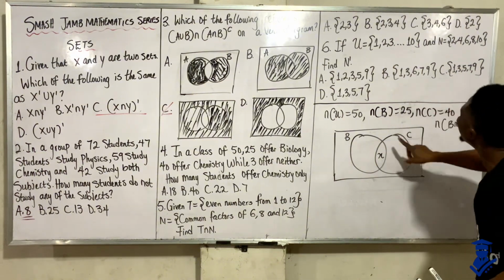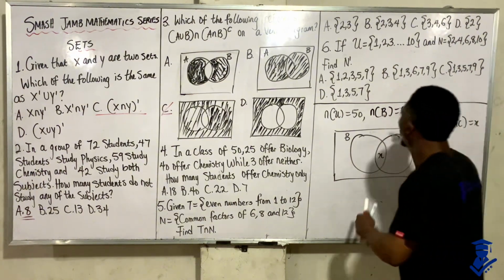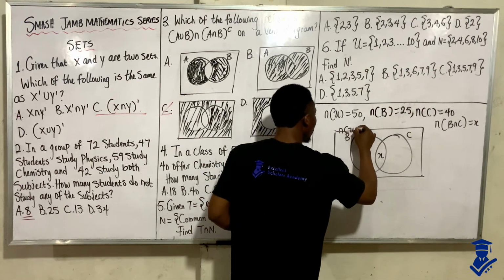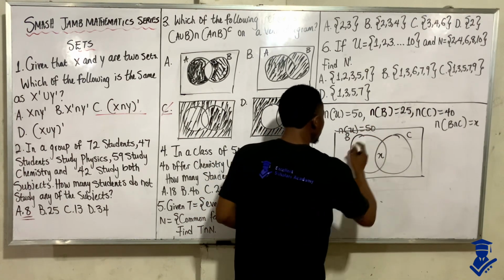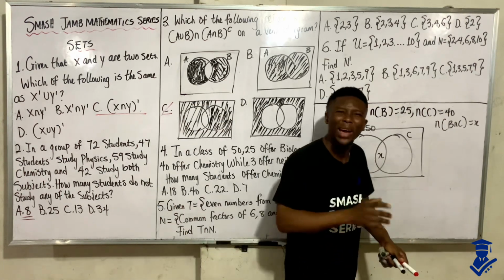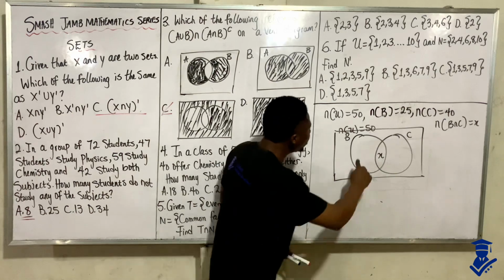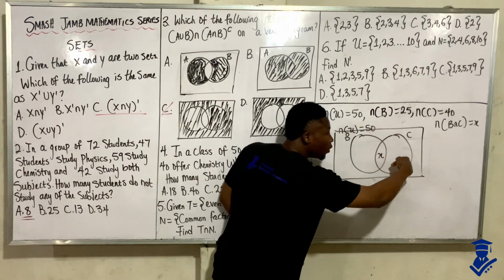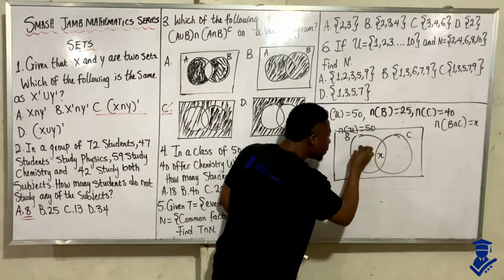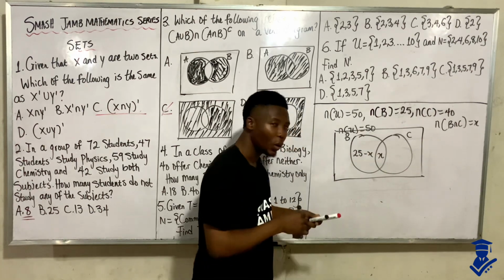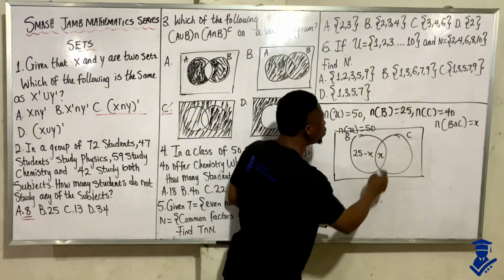Now, they said number of students, okay, we have our universal set. So let's write our universal set here, which is equal to what? 50. Alright? Now, we're told the number of students that offer biology, we have 25 students. Now, the whole of this is 25. But you've taken a part of it, which is X. So this remaining part is going to be 25 minus X. Alright? Now, let's go to chemistry.